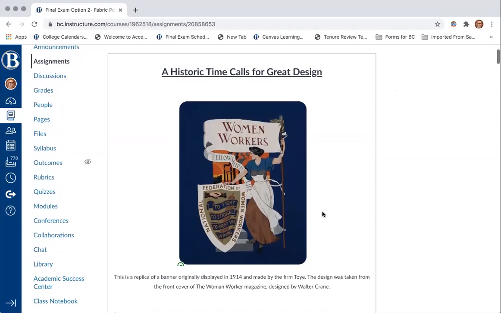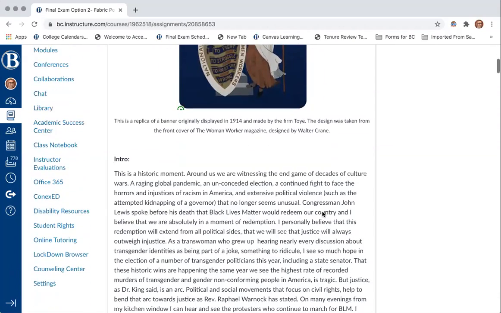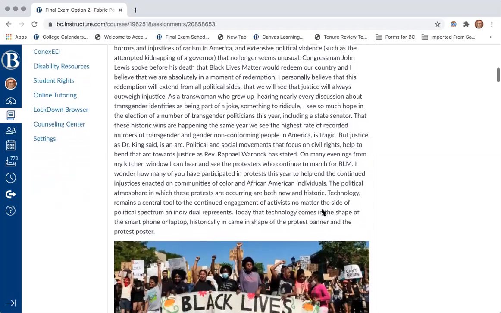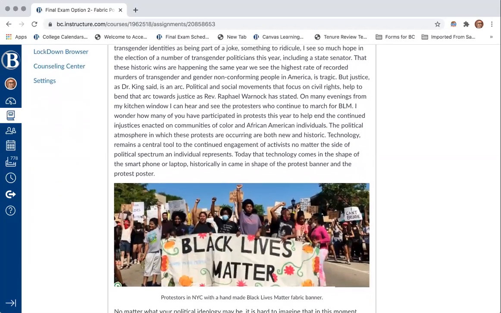If you go through the lesson here, there's my attempt to contextualize and present you with information that will help you see how the creation of banners has a relationship not just to social and political movements, but also to design.